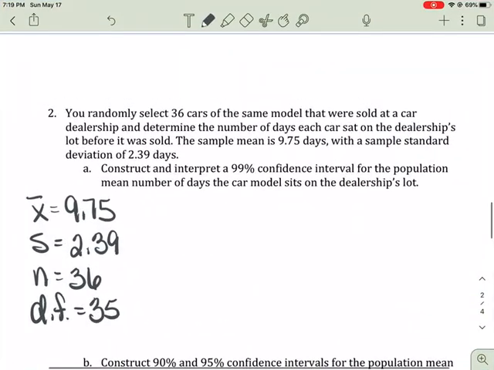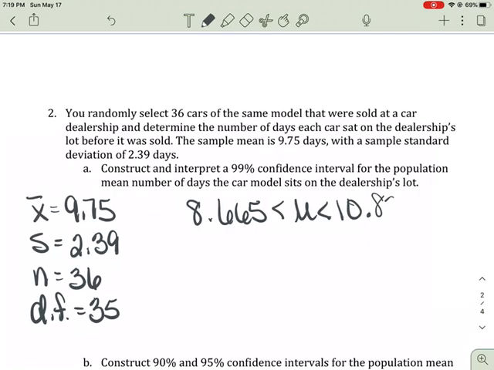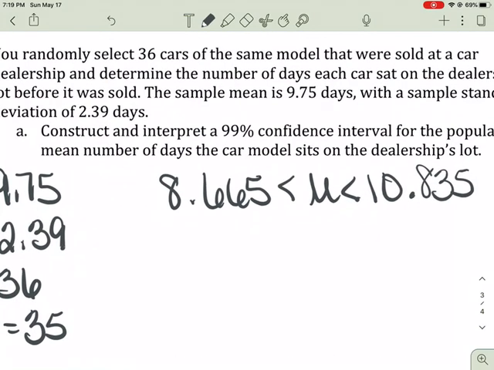So we can write it 8.665 less than mu less than 10.835. And we would interpret that again. Let's practice writing our sentence.